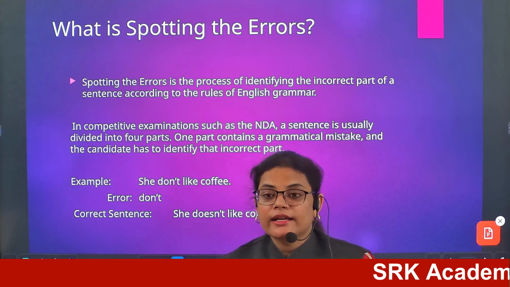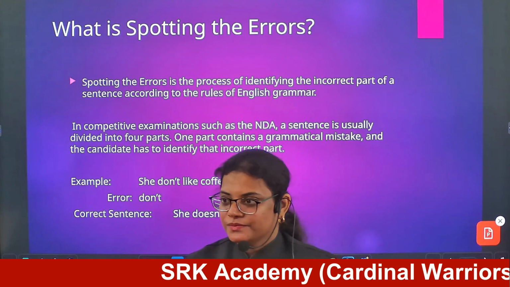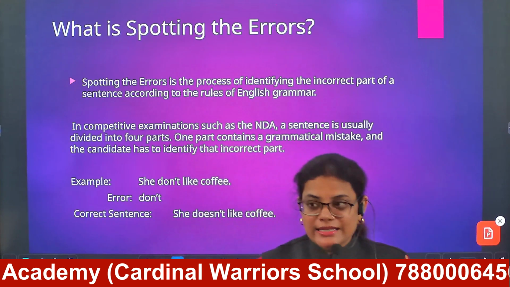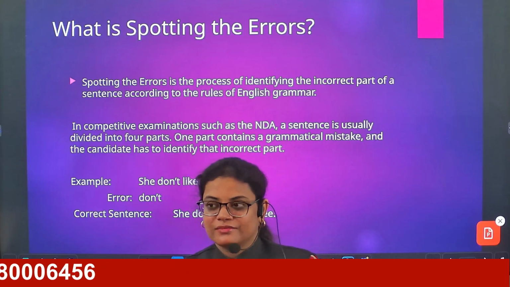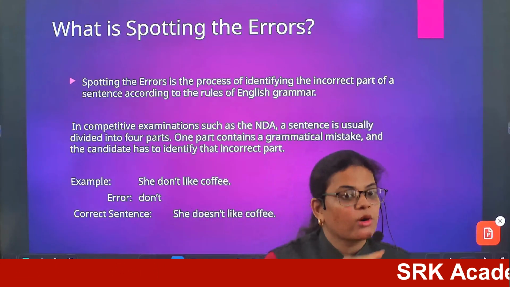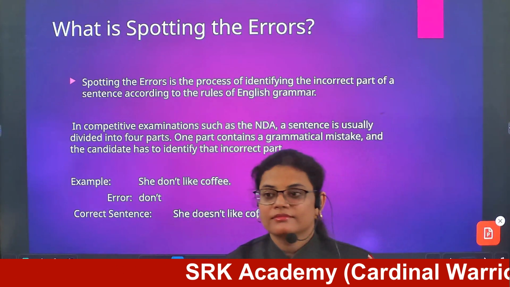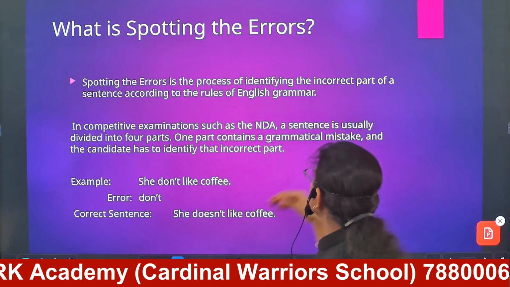Grammatical mistakes include incorrect spelling, or an incorrect punctuation mark, such as a missing full stop, or a missing question mark when we are questioning something. Getting my point? This is called a grammatical mistake.